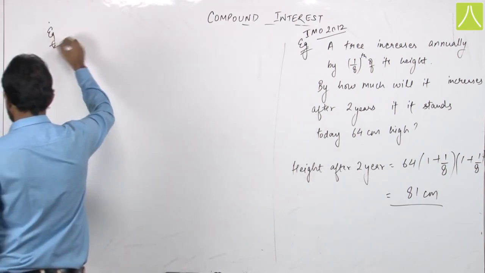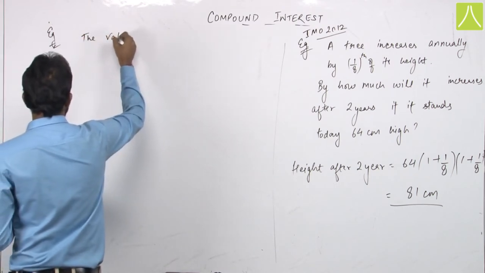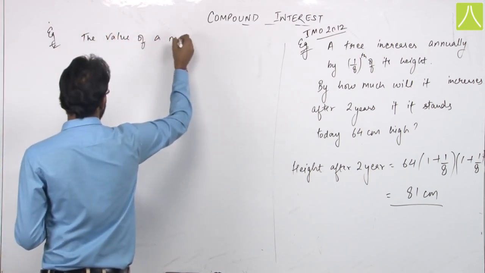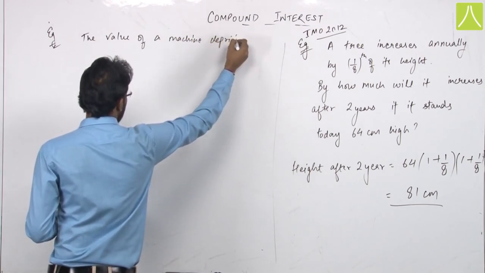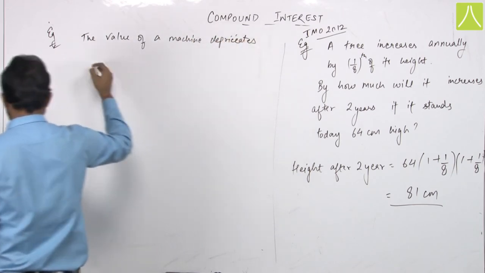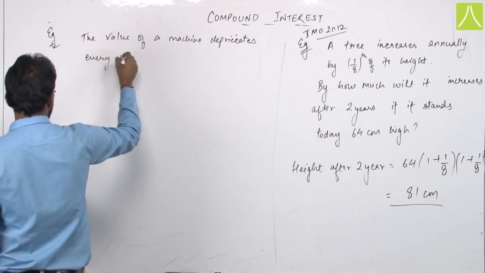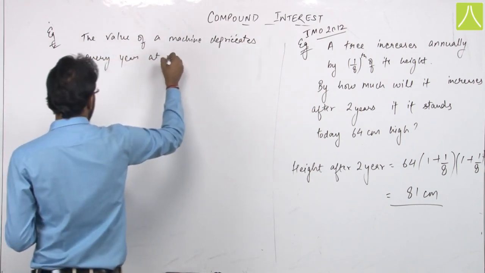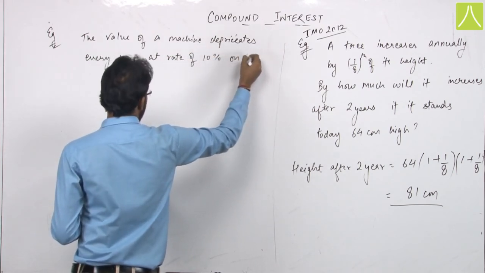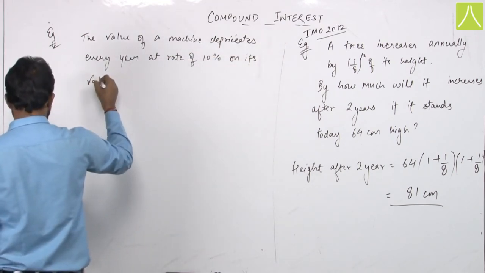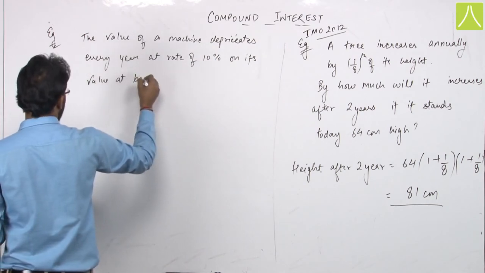Let us see the example. We are given the value of a machine which depreciates every year at the rate of 10% on its value at the beginning of that year.